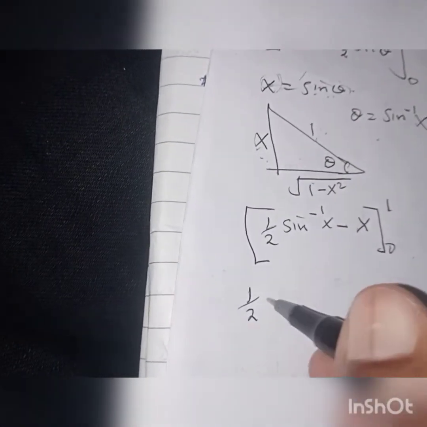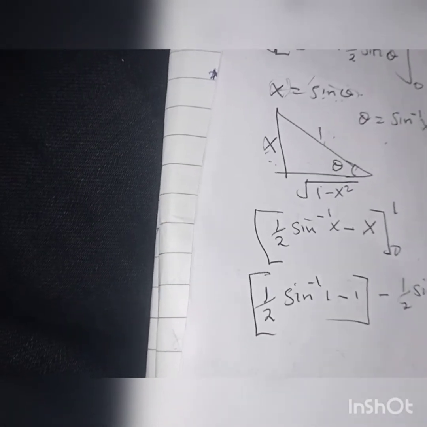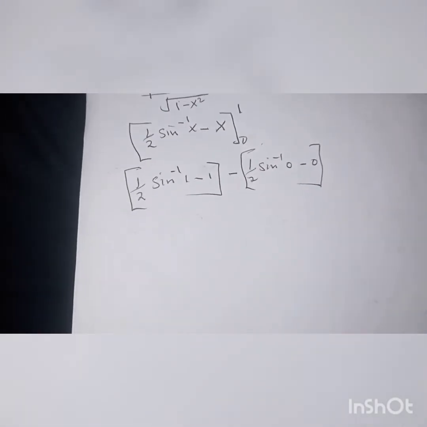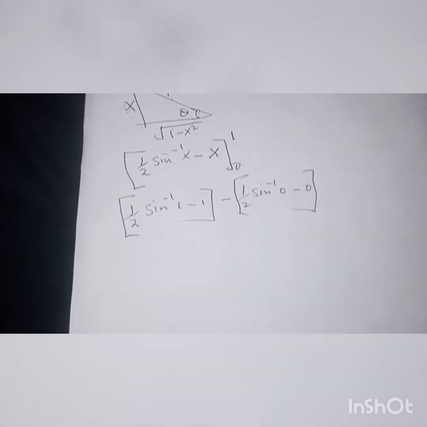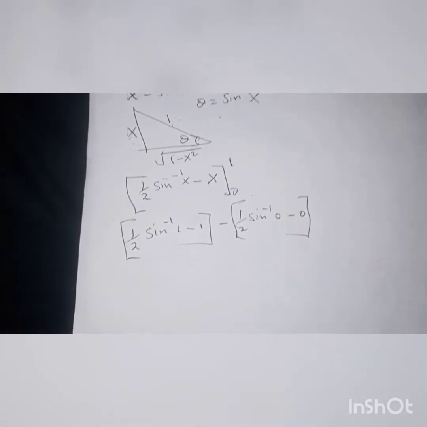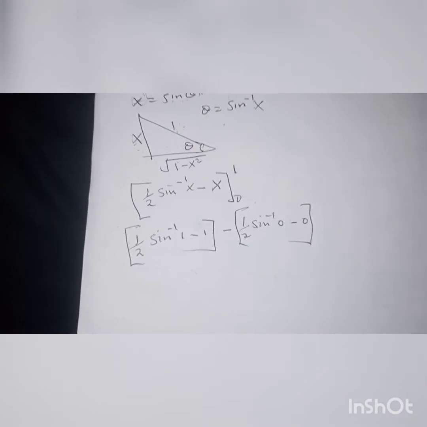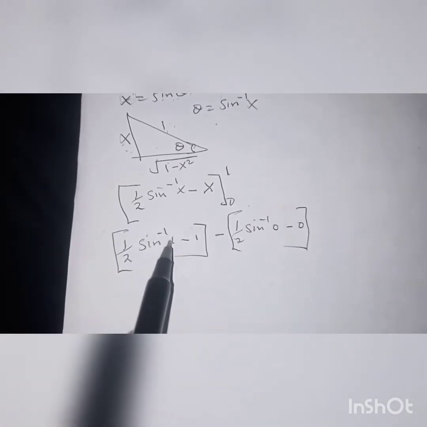So it will be a half sine inverse of 1 minus 1, minus a half sine inverse of 0 minus 0. After substituting, you just take your calculator and key in shift, then sine 1.